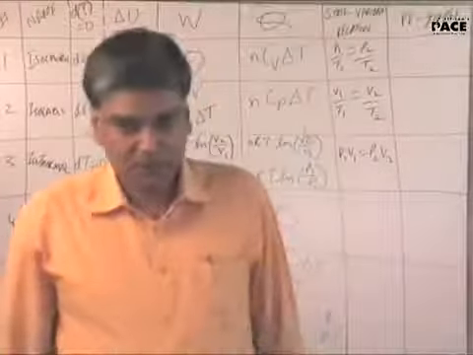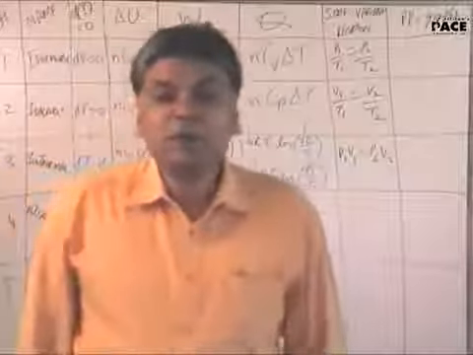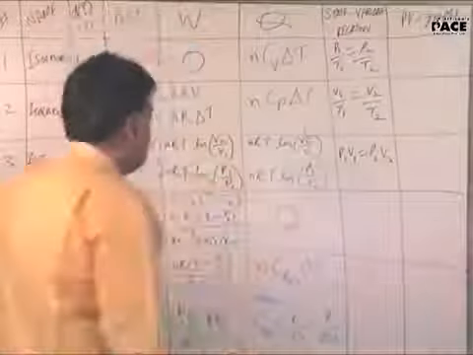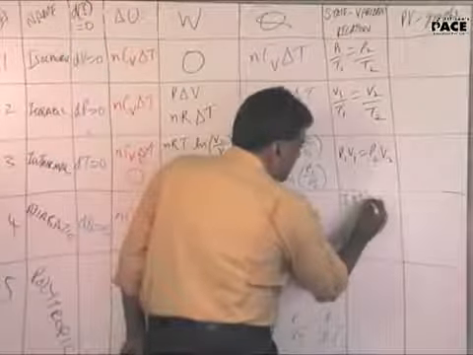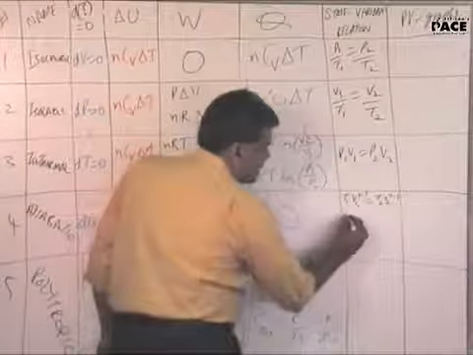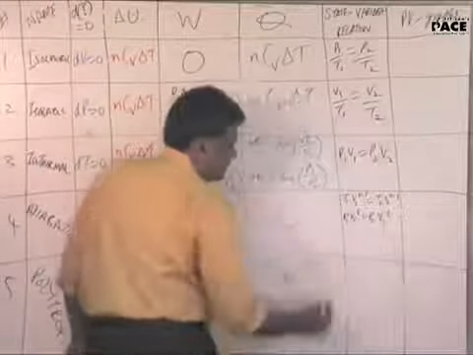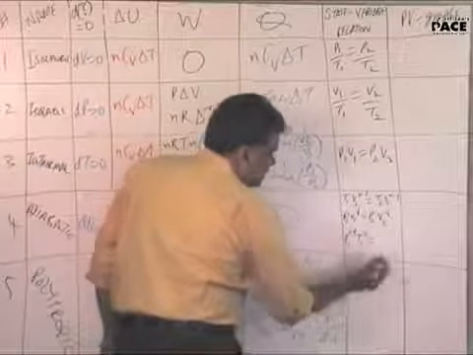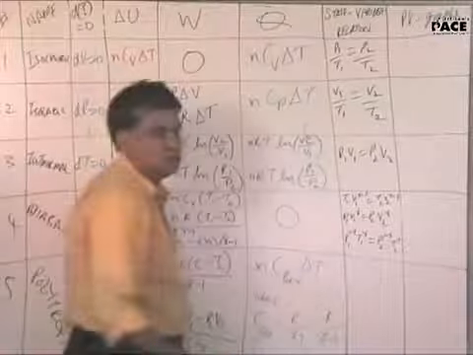Pressure, temperature: P to the 1 minus gamma, T to the gamma is a constant. You write it like this: T1 V1 to the gamma minus 1 is T2 V2 to the gamma minus 1. P1 V1 to the gamma equals P2 V2 to the gamma. Then P1 to the 1 minus gamma, T1 to the gamma equals P2 to the 1 minus gamma, T2 to the gamma.